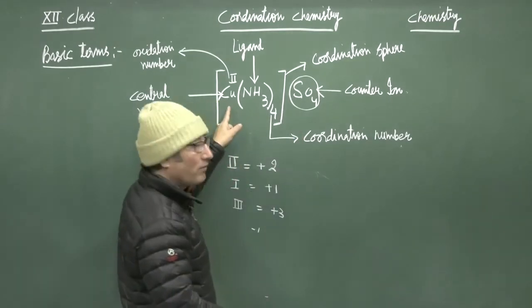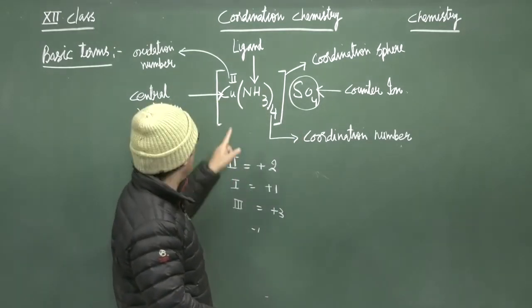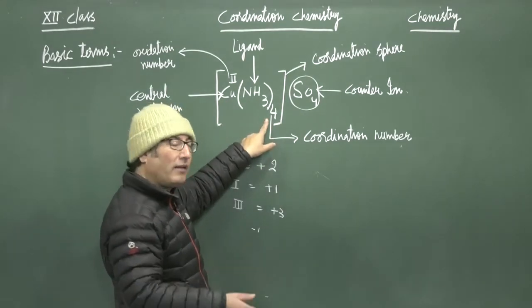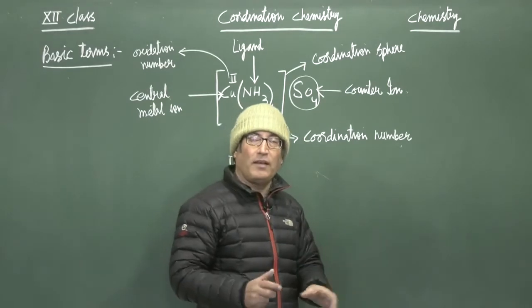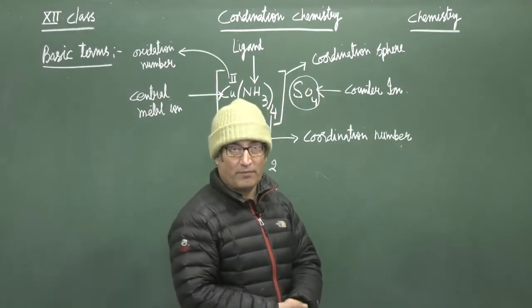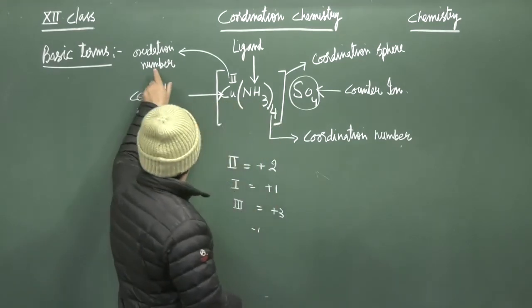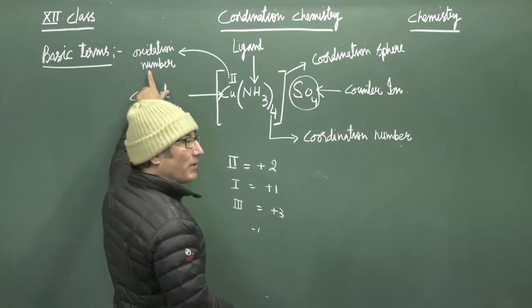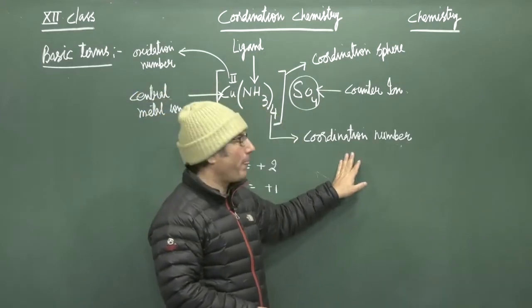In this coordination compound, copper has a coordination number of 4. Again, this term will be taken in detail: what is coordination number and how do you calculate it? So the central metal ion has two numbers: one is the oxidation number, another is the coordination number.